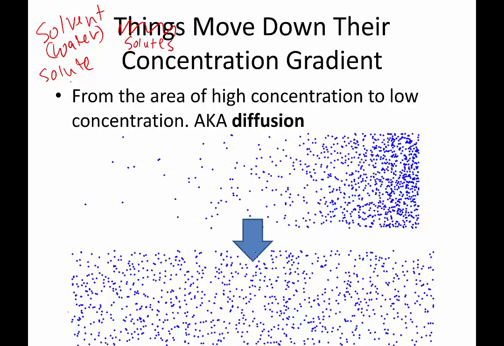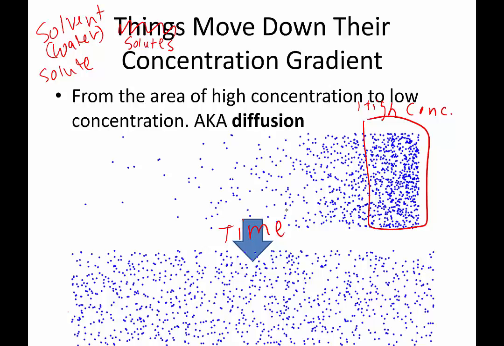And that's the concept of solutes moving down their concentration gradient. It's exactly what I show in this diagram on the bottom. We have an area of high concentration on the right, and over time, just imagine we left the solvent and solute sit for a while, you're going to see the solute slowly diffuse or spread out.